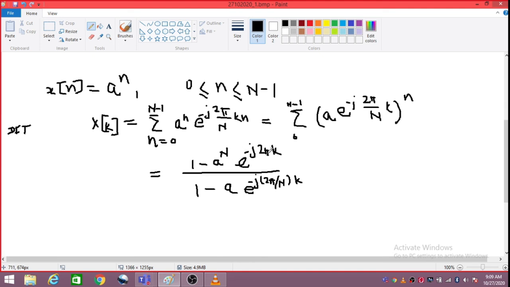Okay, this will be the numerator and this will be the denominator. This will be the DFT of a raised to power n.